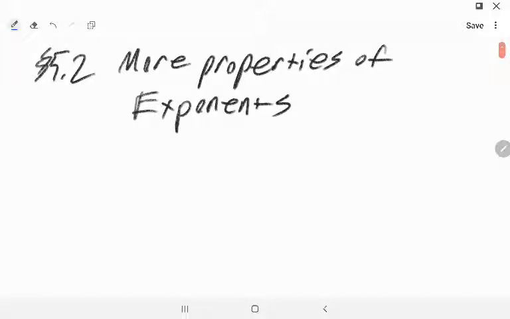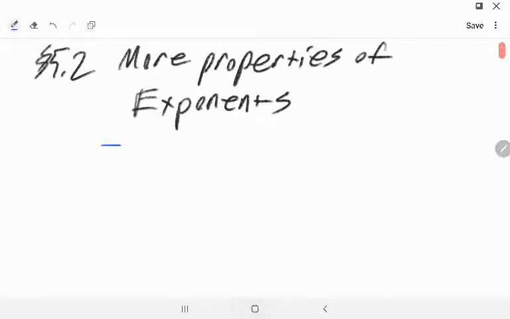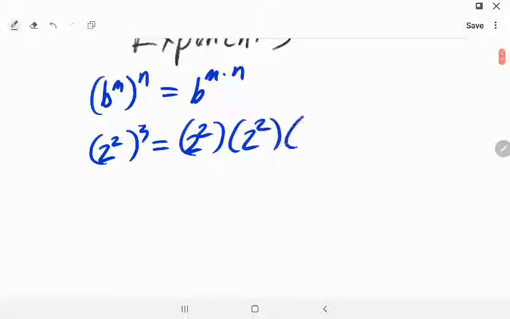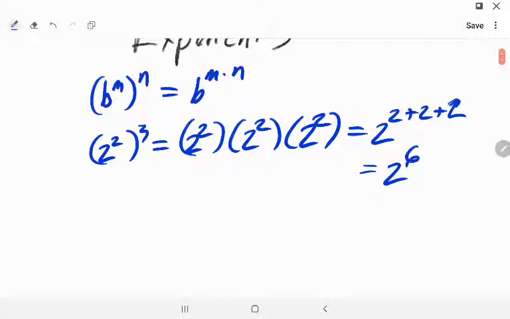And so, first thing we look at is the power rule for exponents. We know that b to the m to the n is equal to b to the m times n. Basically it's the idea that if we've got 2 squared cubed, that is 2 squared times 2 squared times 2 squared, which equals 2 to the 2 plus 2 plus 2, which is 2 to the 6th.